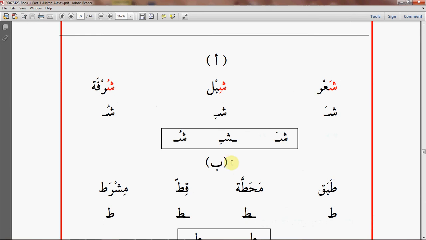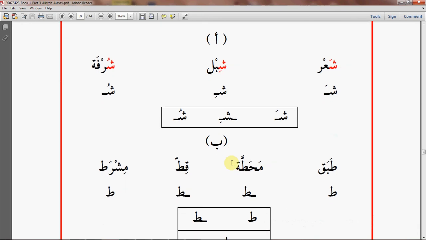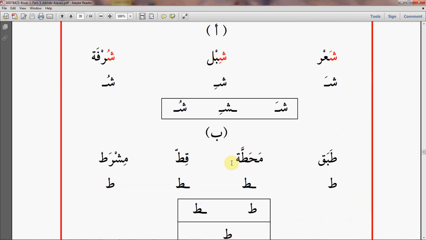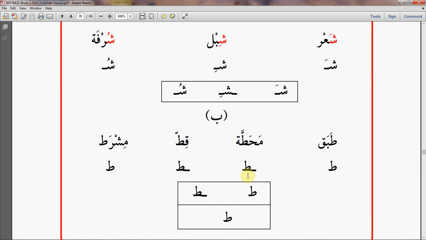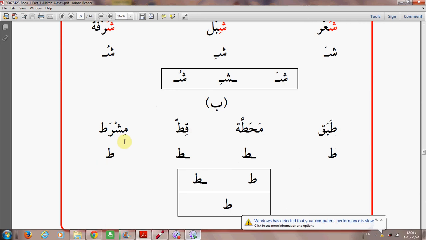Now we're going to check how to write the letter Ta, or how it looks. In the beginning and middle, and at the end as well. طا, طبق, dish. طا, محطة, station. طا, قط, cat. طا, مشرط.